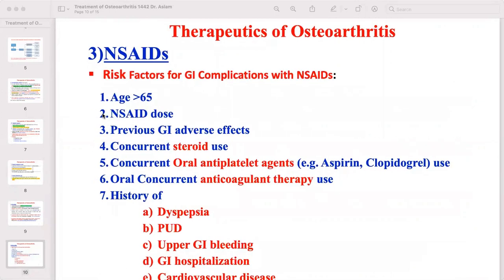What are the risk factors for gastrointestinal complications with non-steroidal anti-inflammatory drugs?